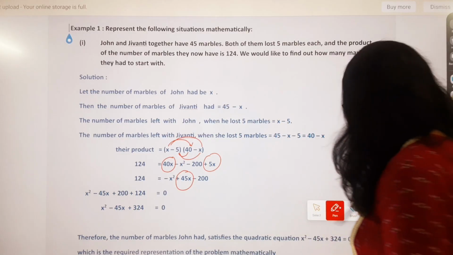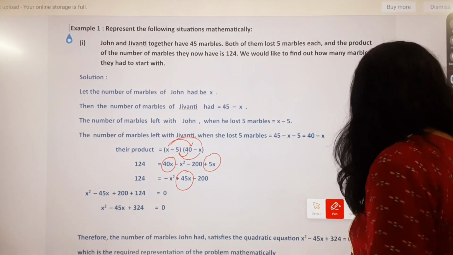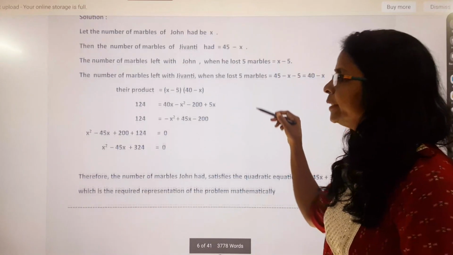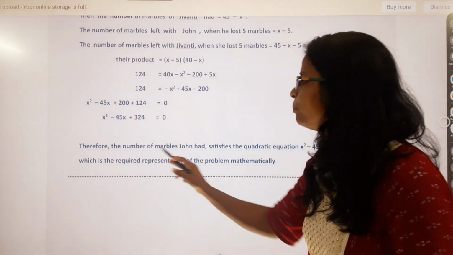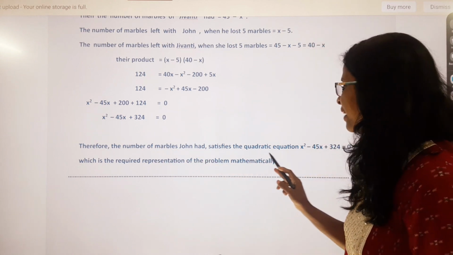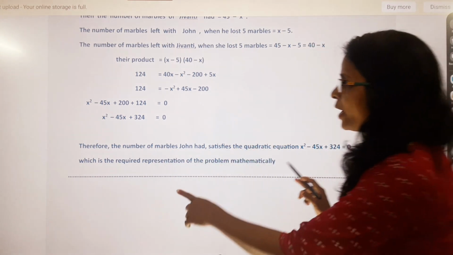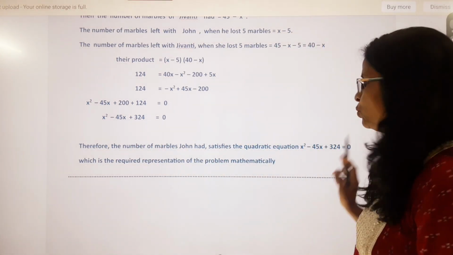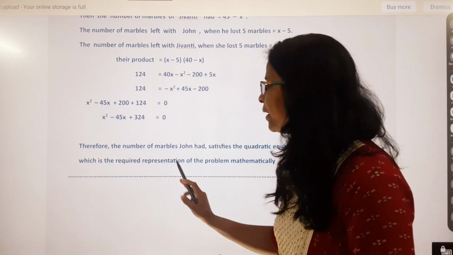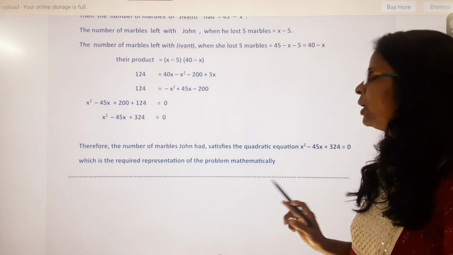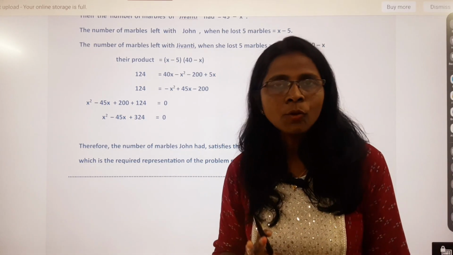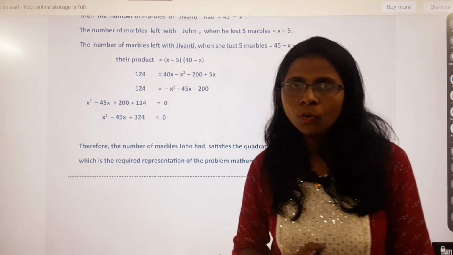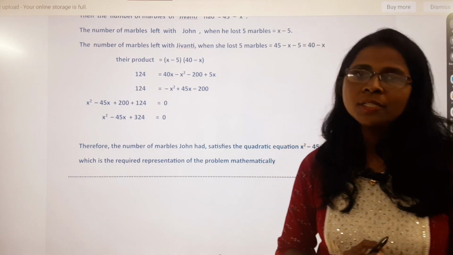So from these two conditions we get this equation, and therefore the number of marbles John had satisfies the quadratic equation x square minus 45x plus 324 is equal to 0, which is the required representation of the problem mathematically. Okay, so this is the representation of the quadratic equation mathematically. Got this point, students?